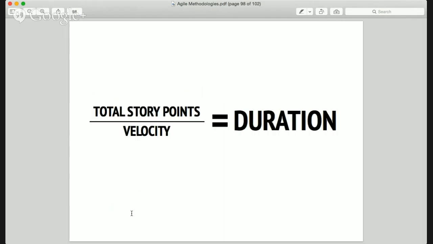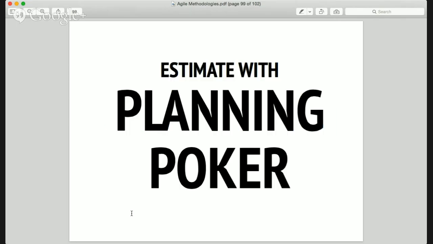So I hope this helps you get an idea of what Agile Methodologies is about. In fact, if you're in a large team, you can do this using something called planning poker, something that you can look up on Wikipedia. Basically, the idea is that when you give a number of story points to something in a large meeting, people tend to go with whatever the first person says.